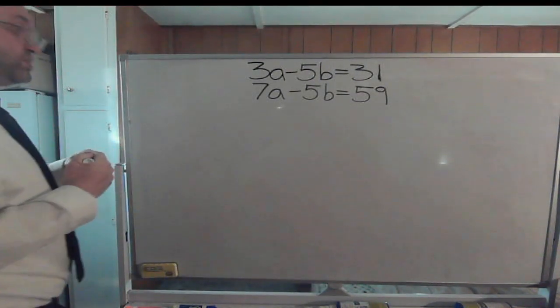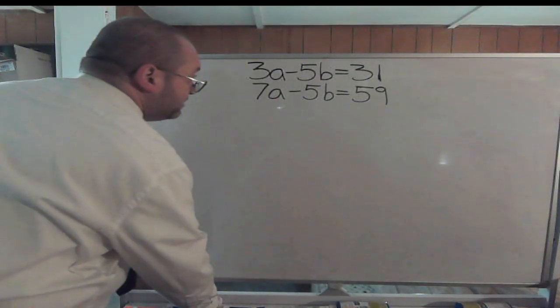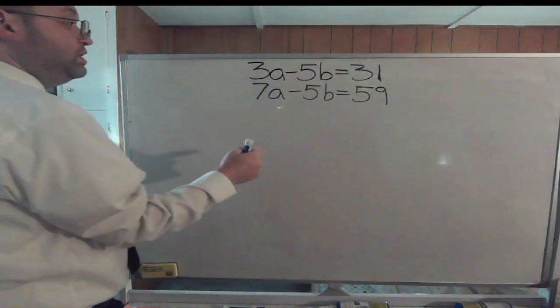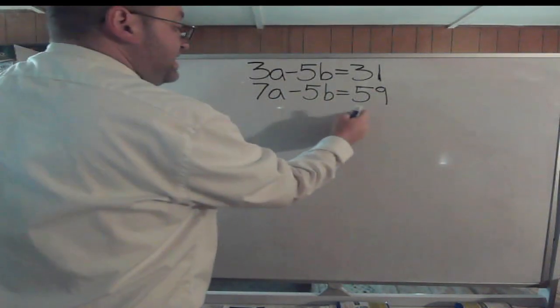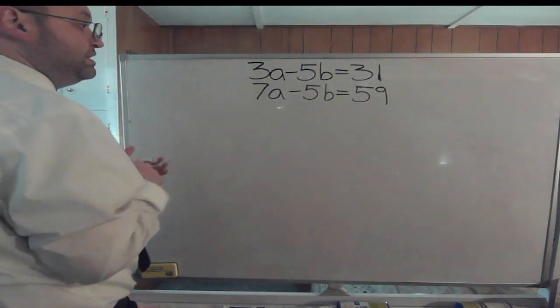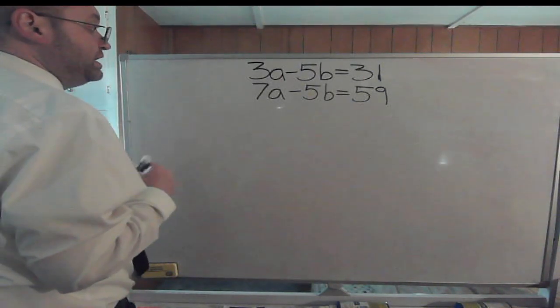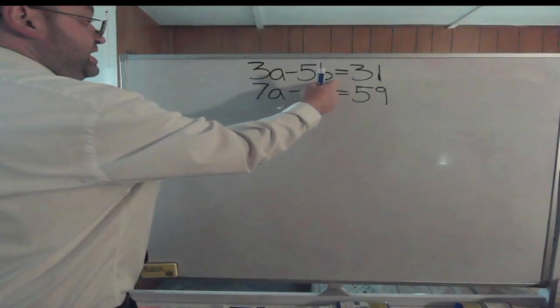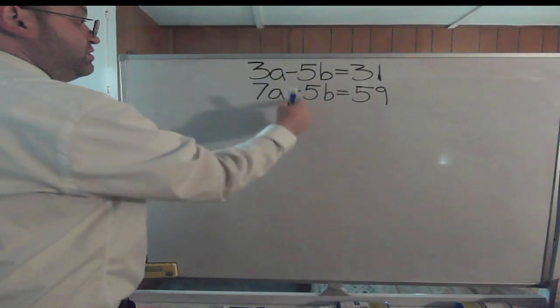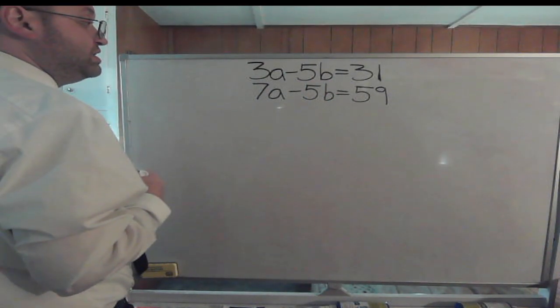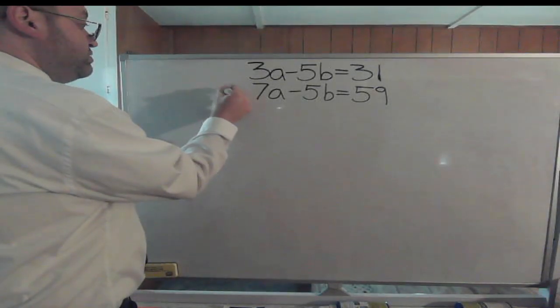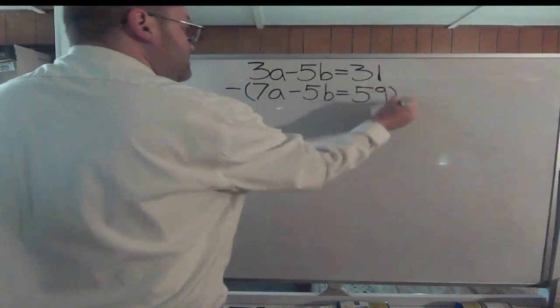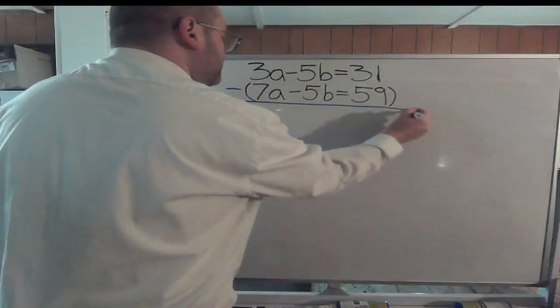So we have the two equations, 3a minus 5b equals 31, and then we have 7a minus 5b equals positive 59, excuse me. Well, we look at the b variable, both coefficients are negative 5. So if we subtract the second equation from the first, we can eliminate the b variable and solve for a.